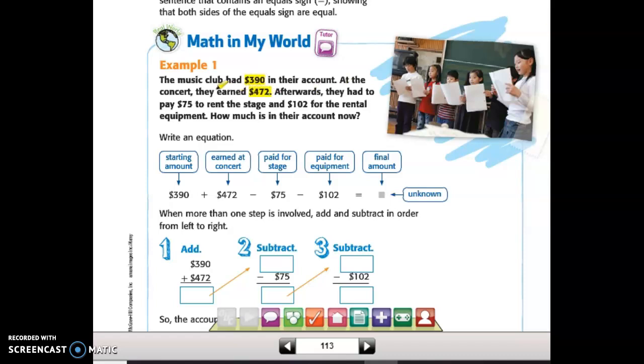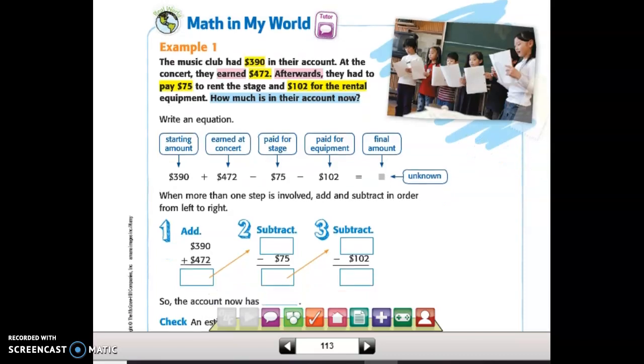Earned is a key word because it's going to tell us what kind of operation we need to do. Afterwards is also a key word. They had to pay $75 to rent the stage and $102 for the rental equipment. And the question is, how much is in their account now? So that's what we need to find out.